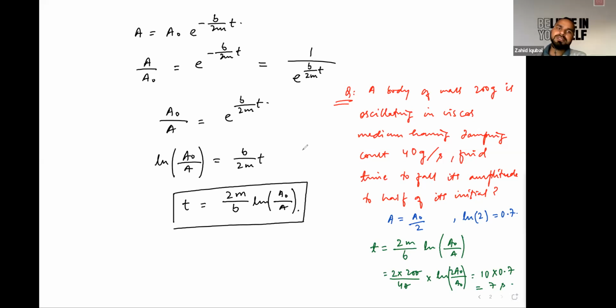Okay, so this is all about this entire chapter, oscillation or SHM. So let's start with new chapter, that is wave. First, what do you mean by wave? Suppose you have a ball initially at this point.